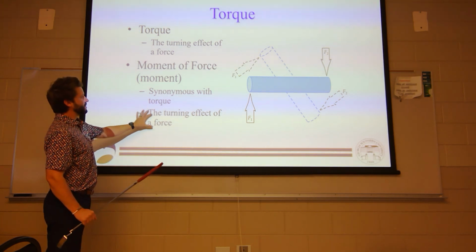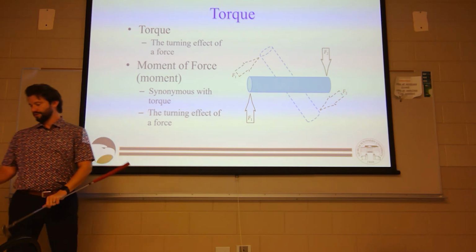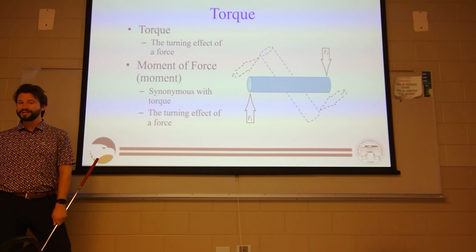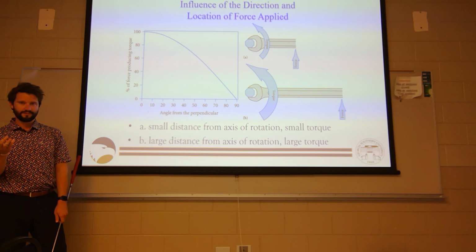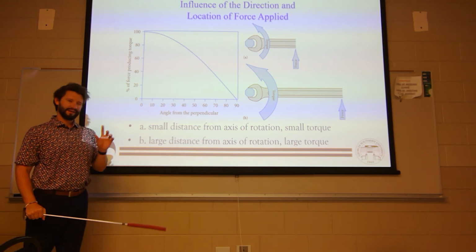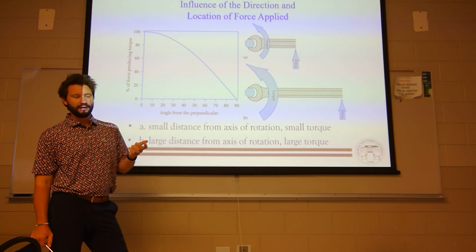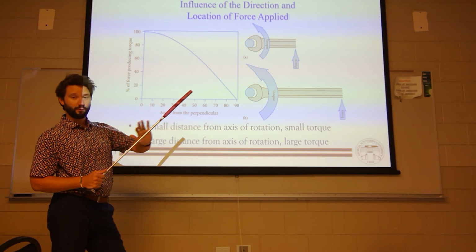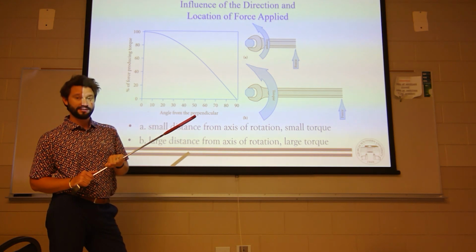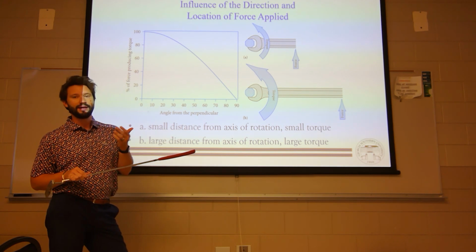So the rotational effect or the turning effect of a force. And there's two major factors that dictate how that works. We mentioned them a little bit in the last PowerPoint. We're going to get into a little bit more now. The two factors are where the force is applied on the object and the angle that that force is applied at.